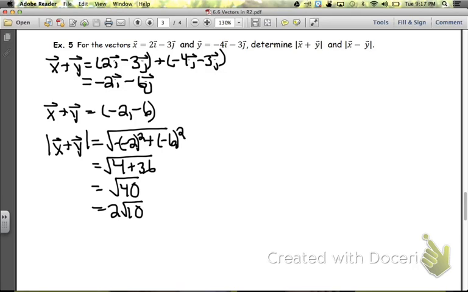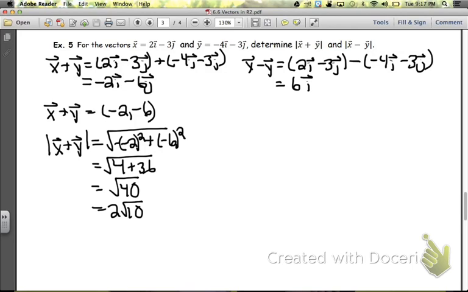Now similarly, looking at our x minus y, we're going to take our x, so 2i minus 3j, and minus our y, which is -4i minus 3j. When we collect our like terms, we're going to get 6i, and then the -3 plus 3j's are going to cancel out.